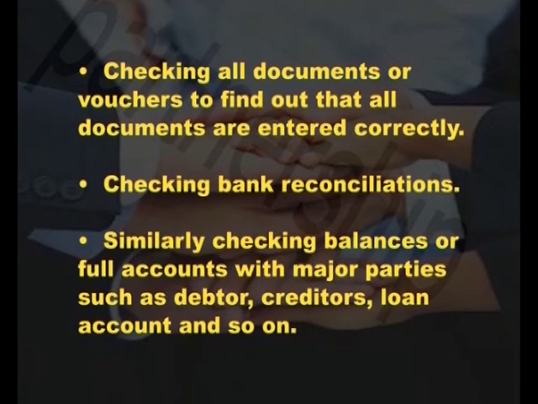The steps for locating the difference in trial balance are: checking all documents or vouchers to find out that all documents are entered correctly. Checking bank reconciliations. Similarly, checking balances or full accounts with major parties such as debtors, creditors, loan account and so on.